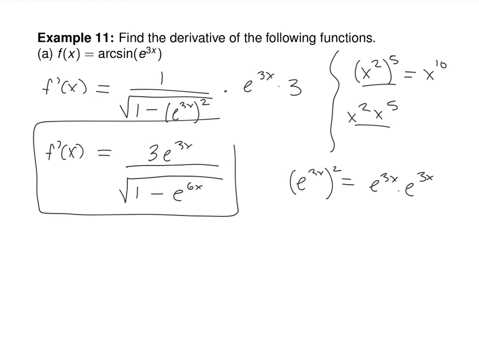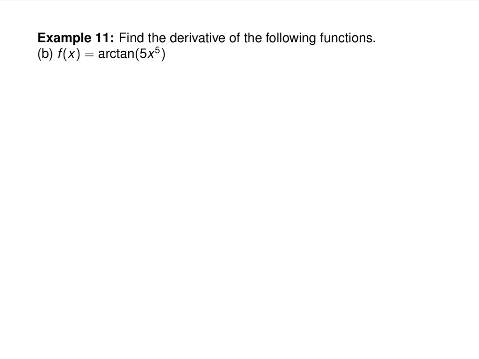Okay, how about arctan of 5x to the 5th. That whole thing squared, right? Multiplied by the derivative of 5x to the 5th, which is 5 times 5, 25x to the 4th, yep.